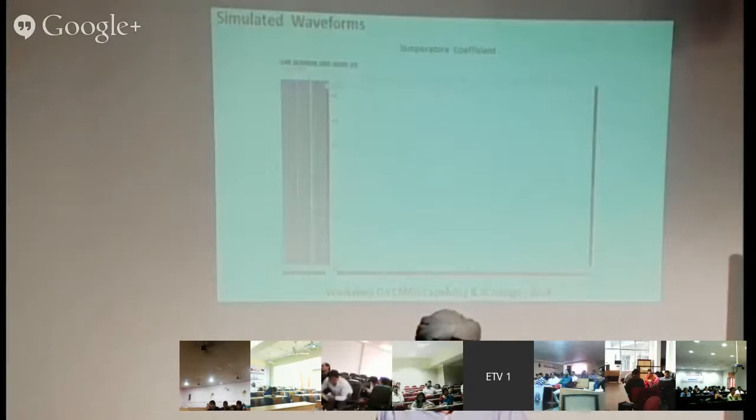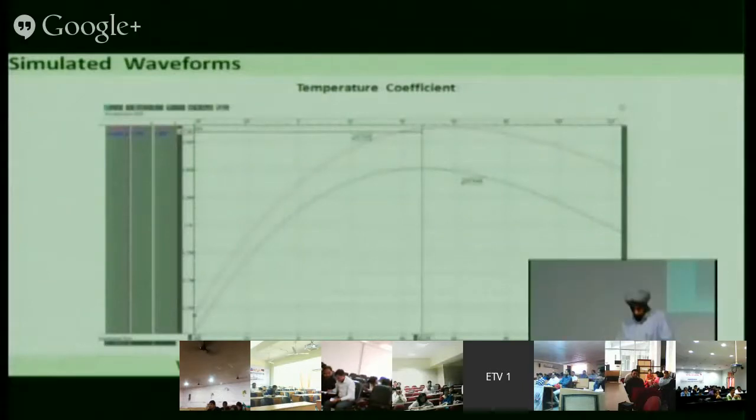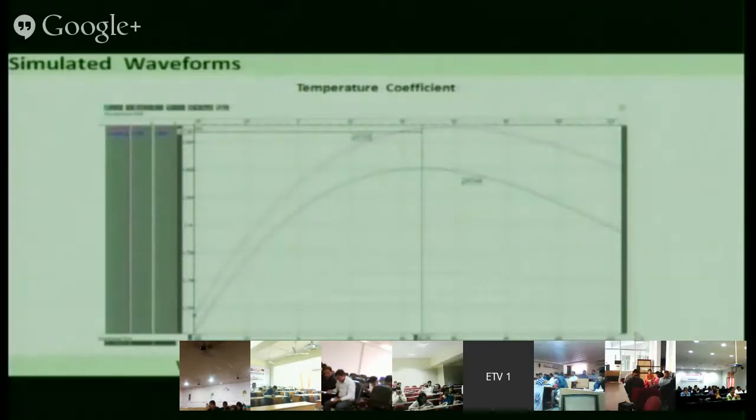This is the temperature coefficient. Here the temperature is plotted. I will read it out: this is minus 40 degree, this point is 60 degree, this point is 125 degree. So it is plotted from minus 40 degree to 120 degree.